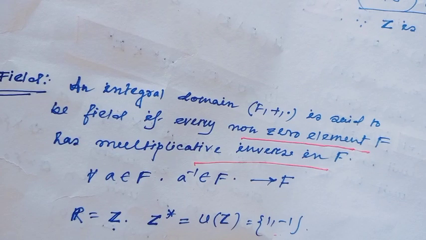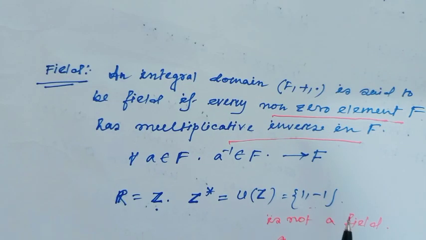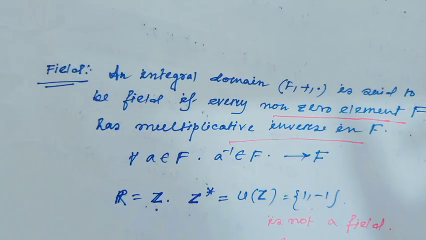We all of us know this actually, but today I will discuss it elaborately. Every non-zero element in the ring Z does not have a multiplicative inverse, because here the only multiplicative inverses are 1 and minus 1.